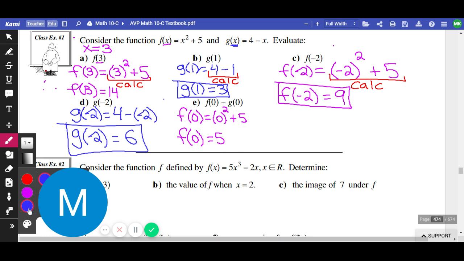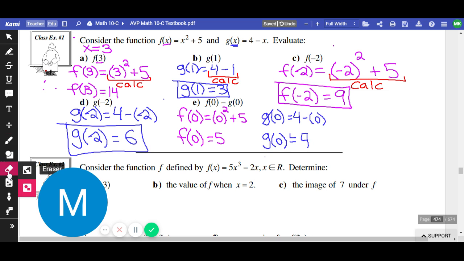If you calculate g of 0, you get 4 minus 0. g of 0 equals 4. Now what the question wanted you to do was take those two answers and subtract them from each other.